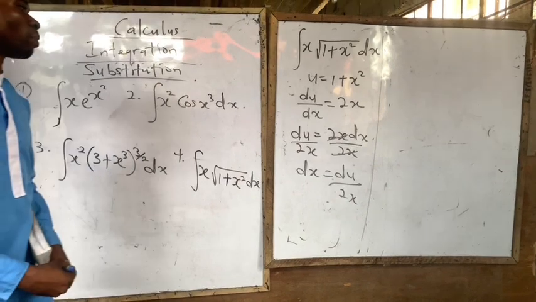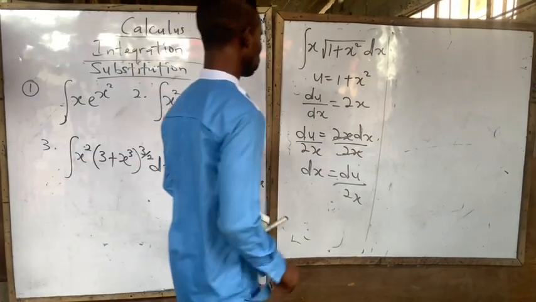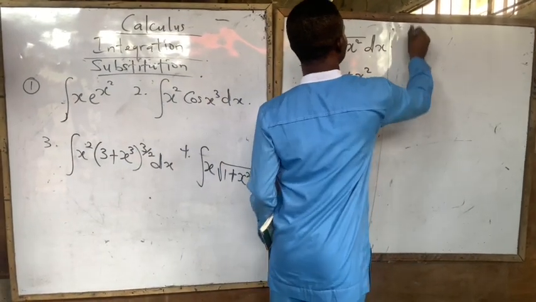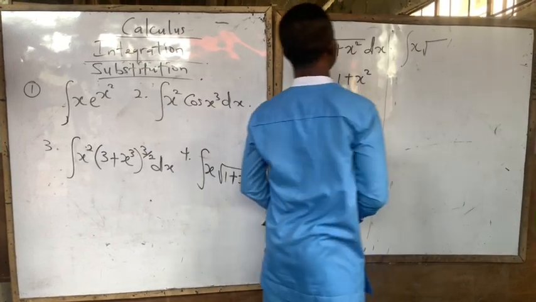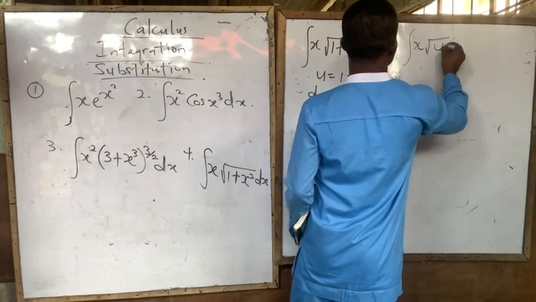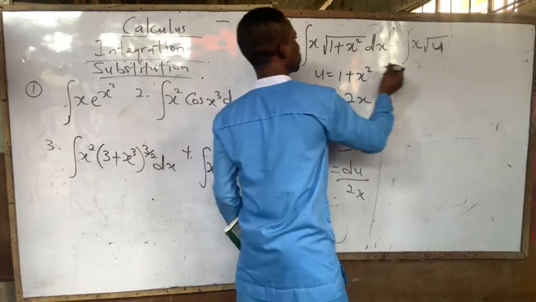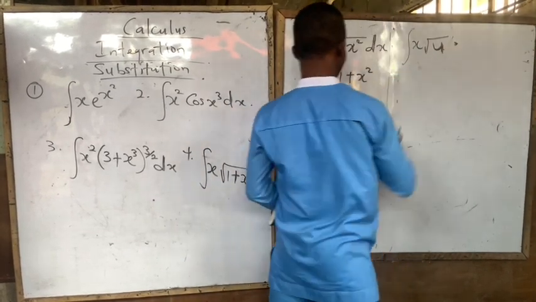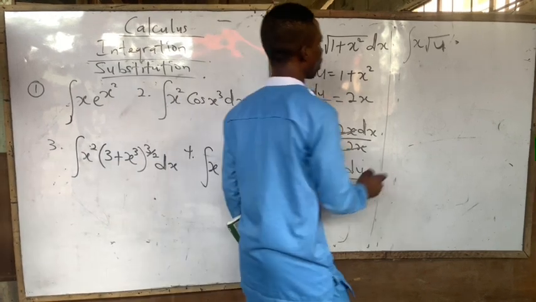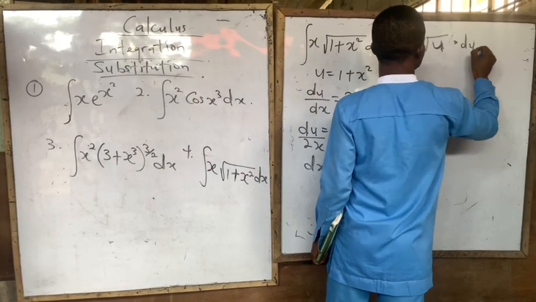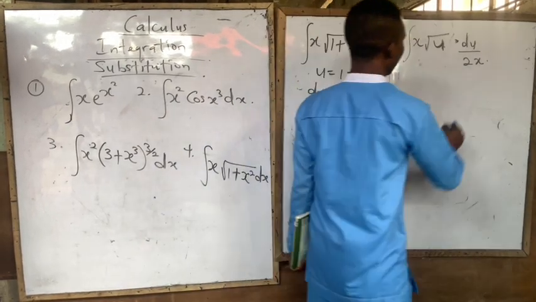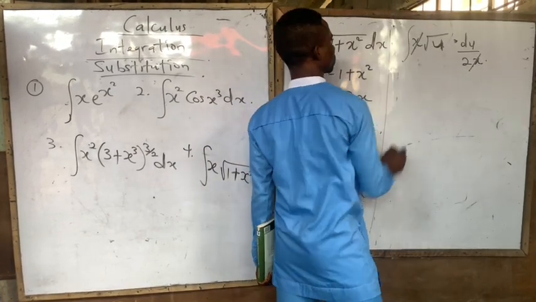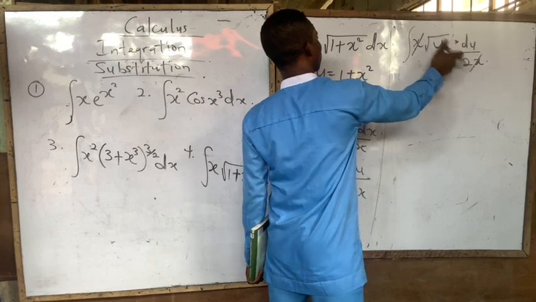Now that I know dx to be du all over 2x, the integral of x root, this is u now. I've represented this one by u, multiplied by my dx, which is du all over 2x. So my x here can cancel this, and I can bring this 1 over 2 outside.